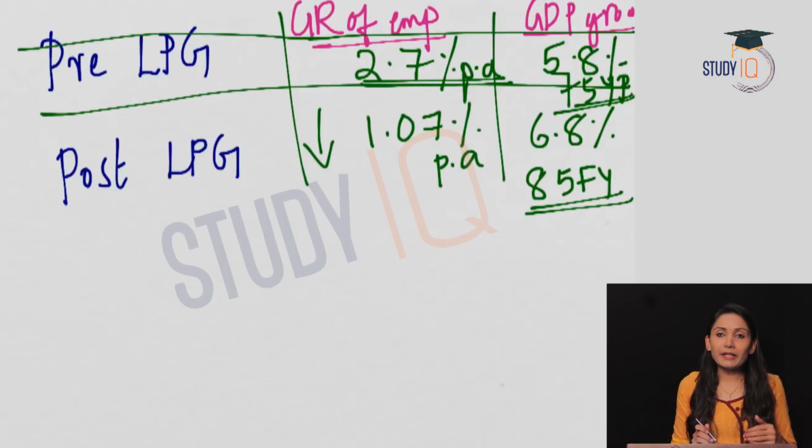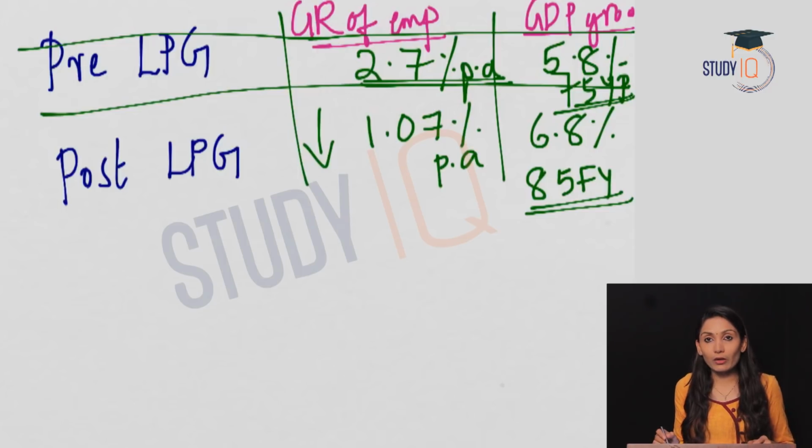See here, immediately before the liberalization, privatization and globalization, the growth rate of employment was 2.7% per annum. But the GDP growth rate was merely 5.8%.